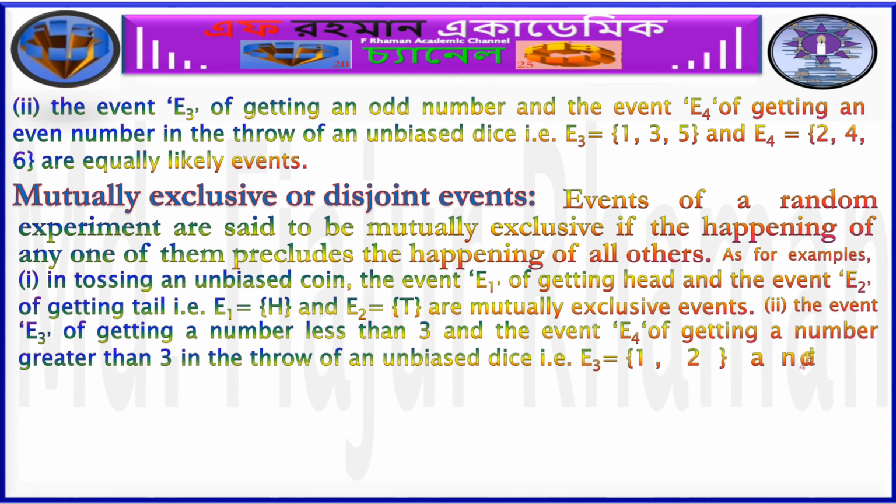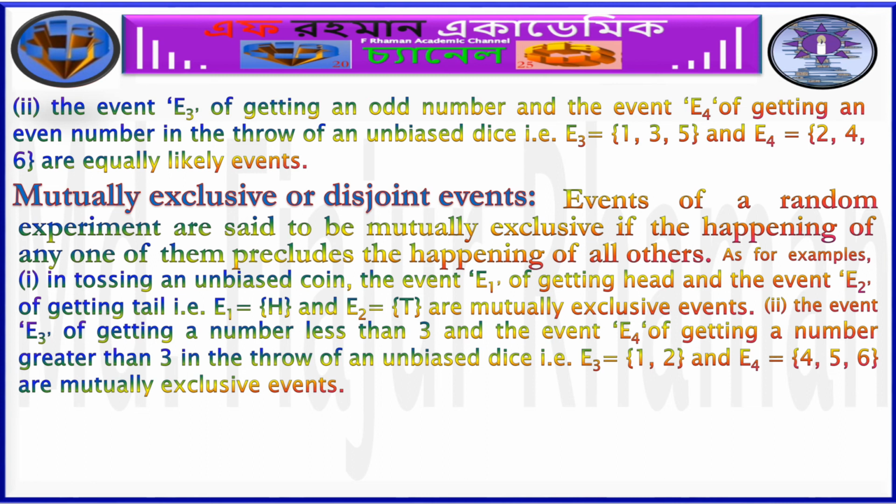Example 2, the event E3 of getting a number less than 3 and the event E4 of getting a number greater than 3 in the throw of an unbiased dice, that is E3 = {1, 2} and E4 = {4, 5, 6}, are mutually exclusive events.